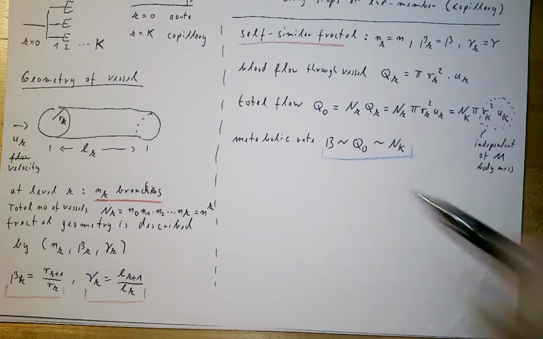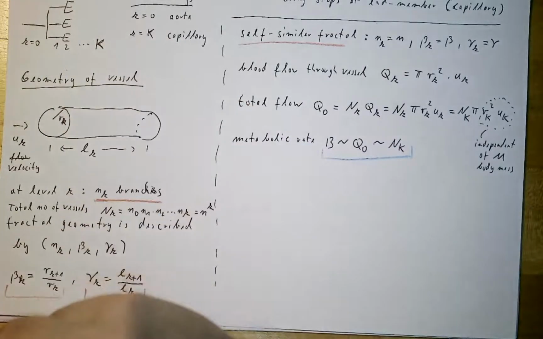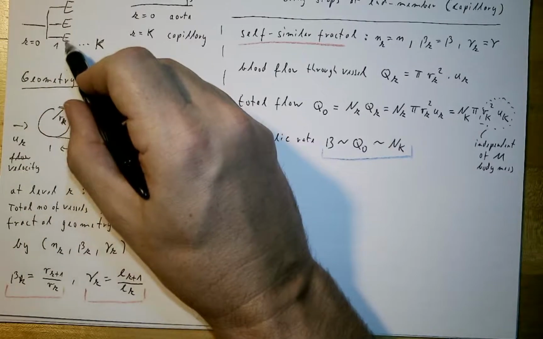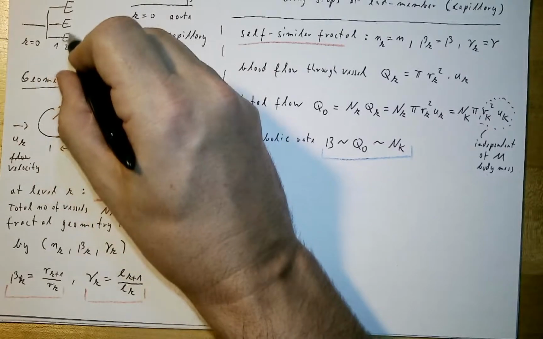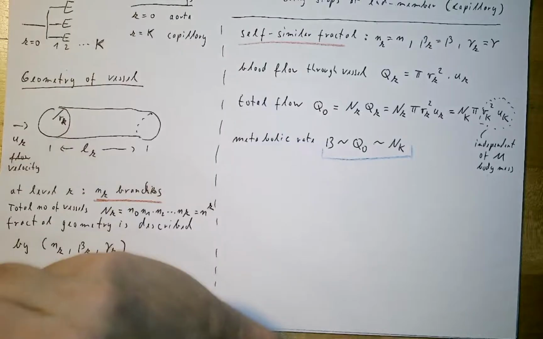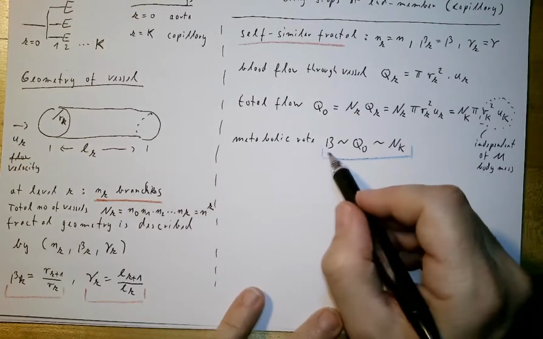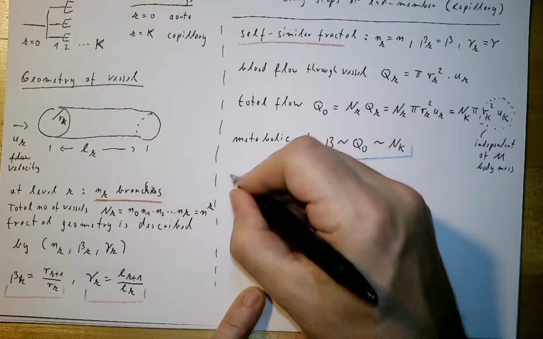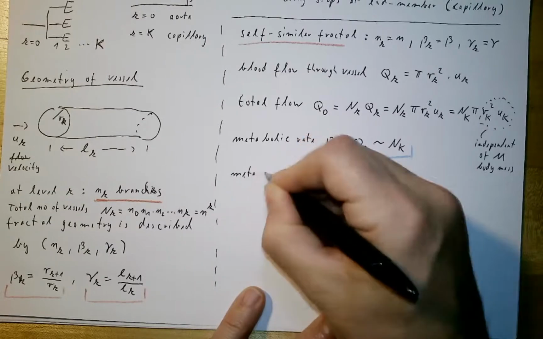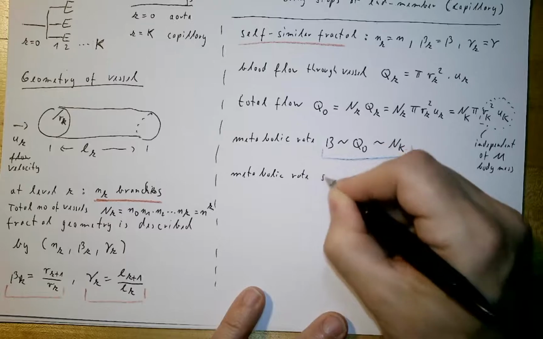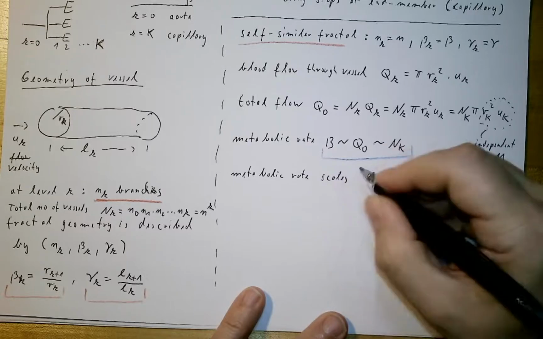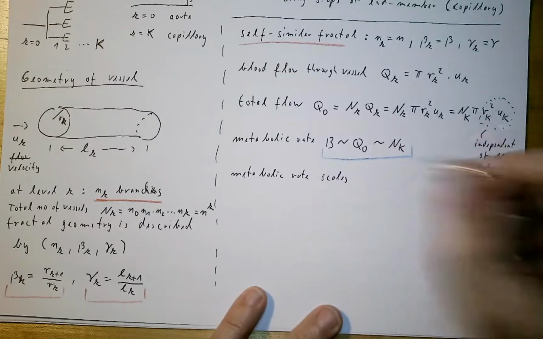That makes sense here. You have the system, and we say we have the fractal thing, and we need a fractal because at every small end member of the fractal we can do some reaction. Then the metabolic rate scales with the number of capillaries.